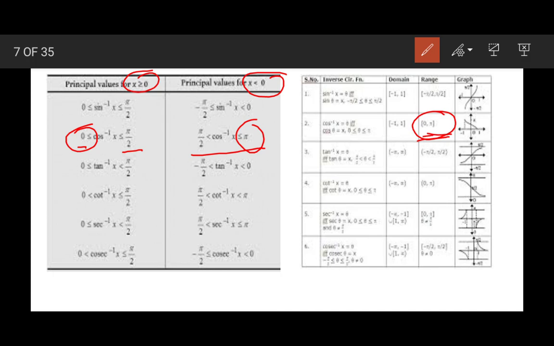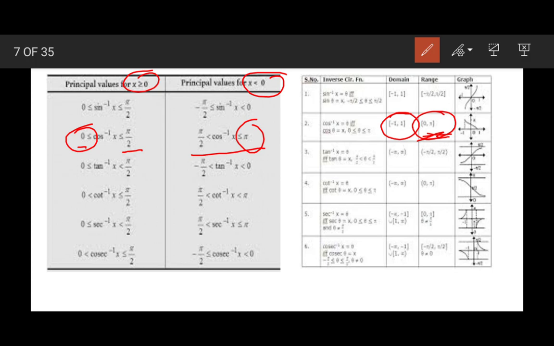When the angle is 0, then the value is 1. When the angle is pi, then the value is minus 1. So the domain is minus 1 to 1.